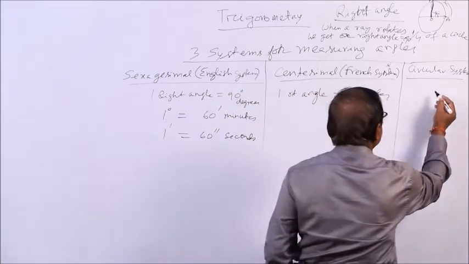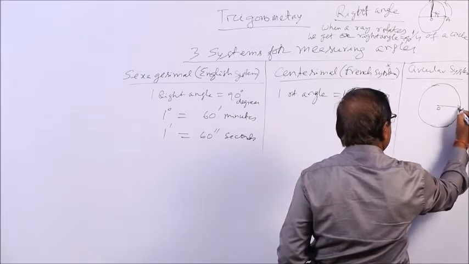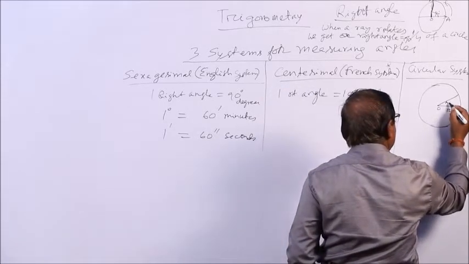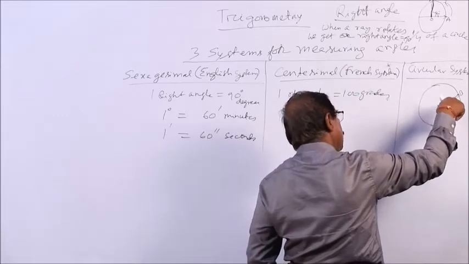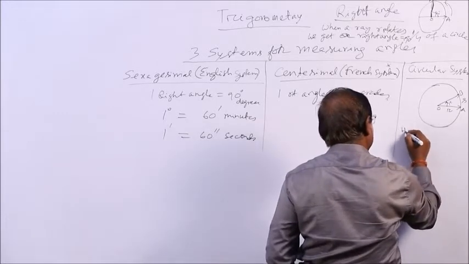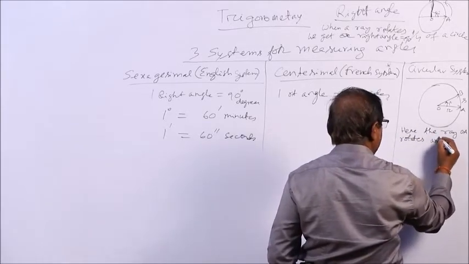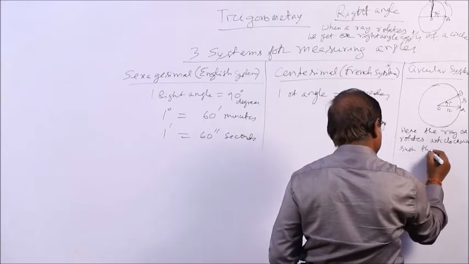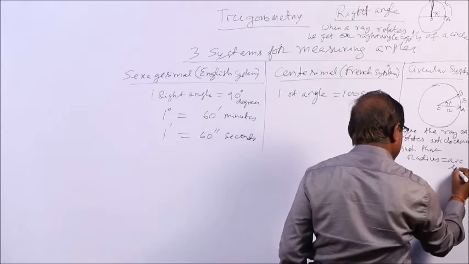Now, we are interested in this system. Suppose we consider a unit circle whose radius is r, and this ray OA rotates anticlockwise such that the radius is equal to the arc length s.